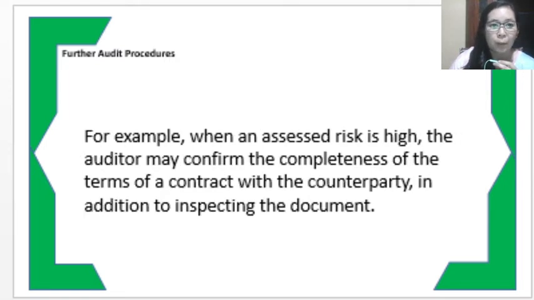For example, when an assessed risk is high, the auditor will confirm the completeness of the terms of the contract with the counterparty in addition to inspecting the document.